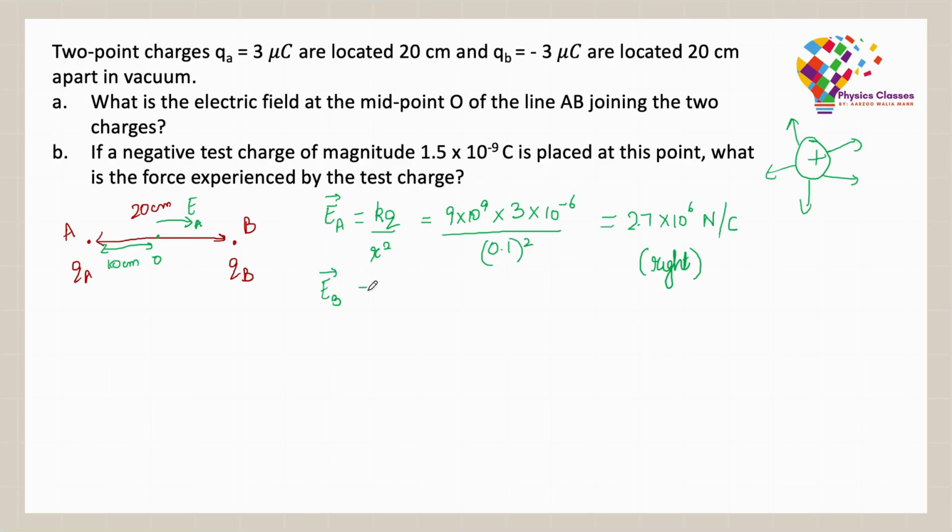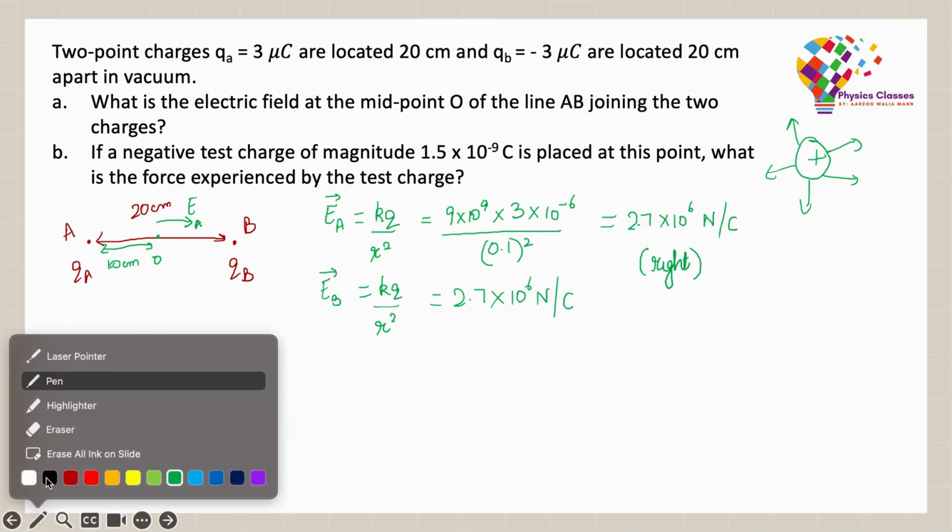Similarly, the electric field due to B at this point O would be equal to KQ by R square as well. And since the magnitude of the charge at B is also 3 into 10 to the power minus 6, and the distance is also the same, this field would also have a magnitude of 2.7 into 10 to the power 6 newtons per coulomb.